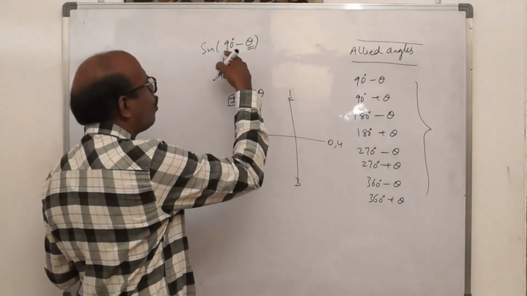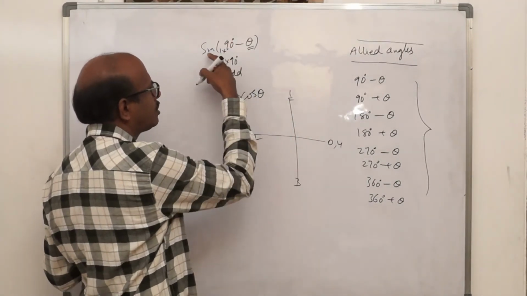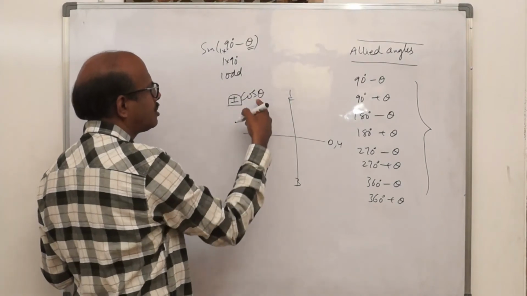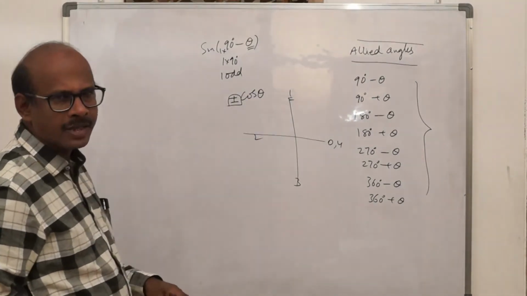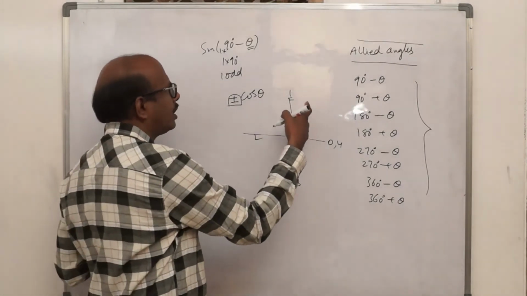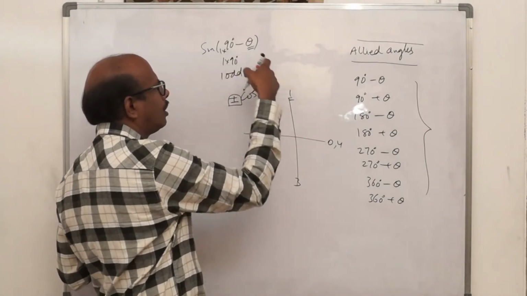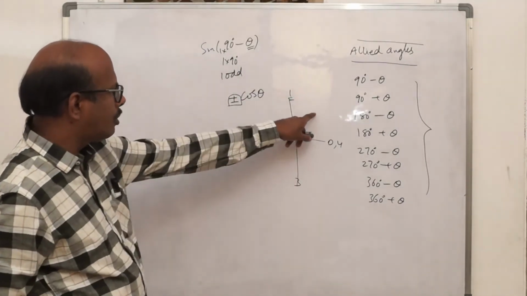So here 1 is odd, there is a change, sine to cos, theta as it is, 50% completed. Now I am searching for the symbol, whether positive or negative. In maths, only one symbol exists, not both at a time. So minus theta after 1 in the multiples of 90 diagram means backward, the first quadrant.